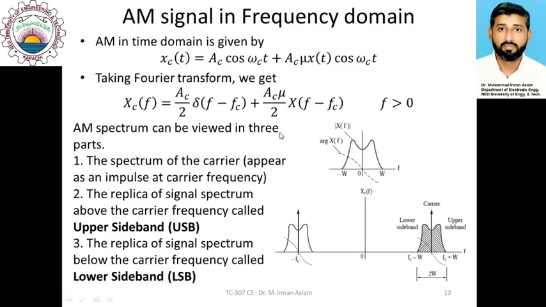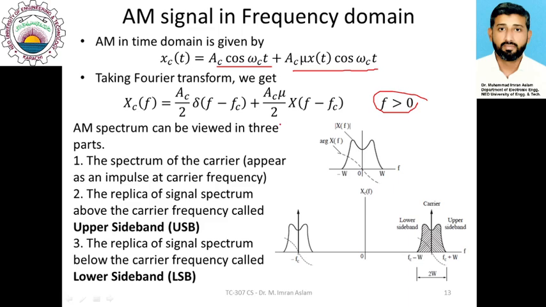Now let us move on to the frequency domain description of AM signal. This is the first line. This is the time domain representation that we have discussed so far. So you can see that if we take a Fourier transform of this signal, I'm only representing the transform for f greater than 0, that is for the positive side of the spectrum, because we know that the negative side of the spectrum is an exact replica.